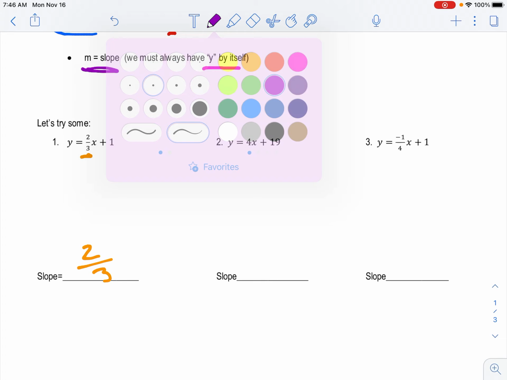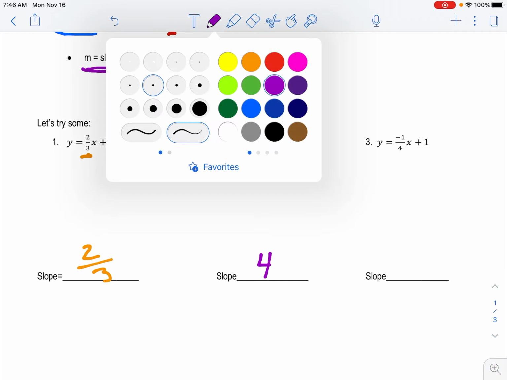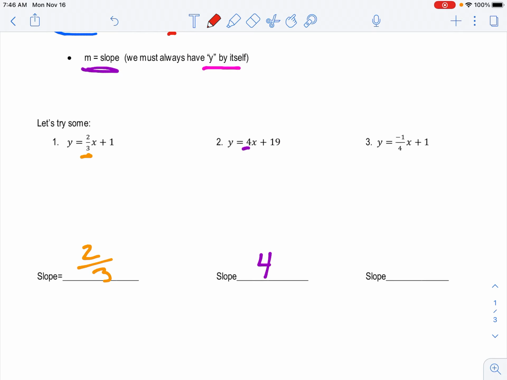Let's look at the second one. y equals 4x plus 19. y is all by itself on one side, so I go ahead and I copy what's next to the x. Notice x is not part of my slope, only the term next to it. All right, the third one, y equals negative 1/4 x plus 1. The y is by itself, so we call it negative 1 over 4.